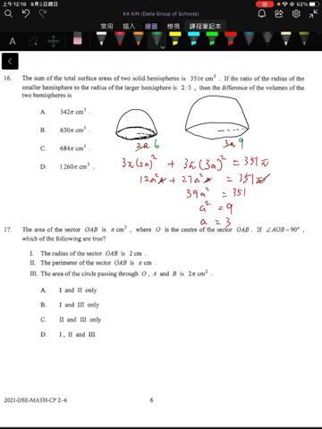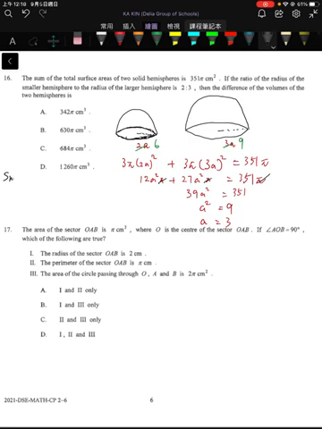Very important, because we now know the radius of both the smaller and the bigger hemisphere, we can simply use the formula for the volume of the hemisphere. Then we can find their volumes respectively, and then find the difference.